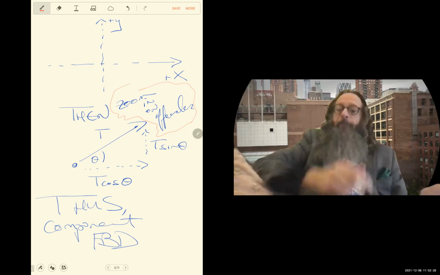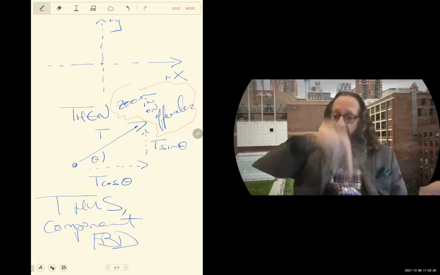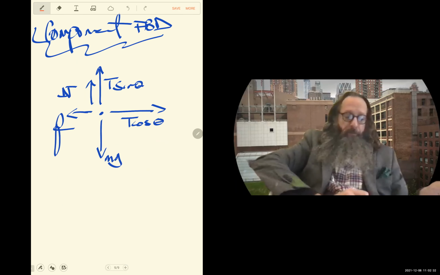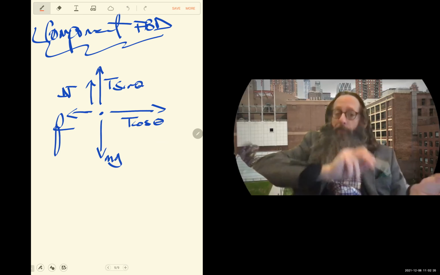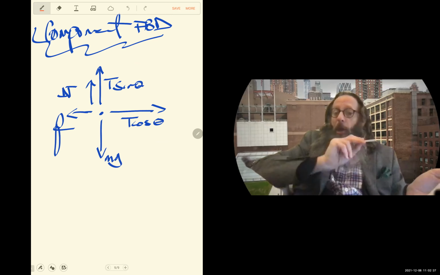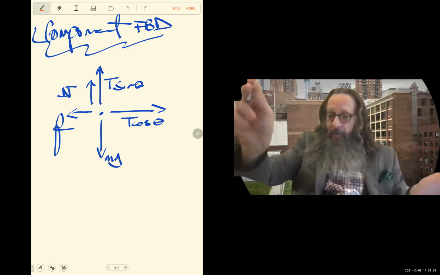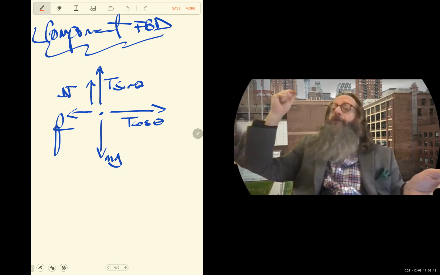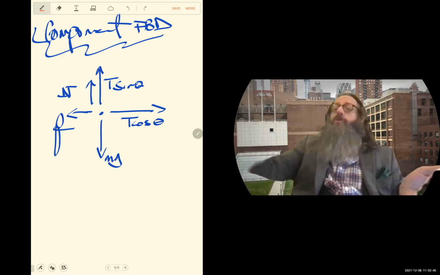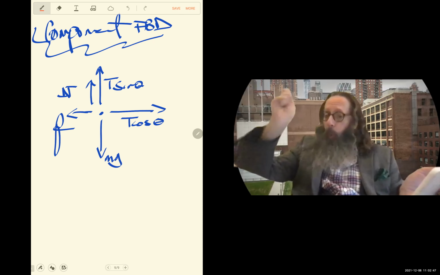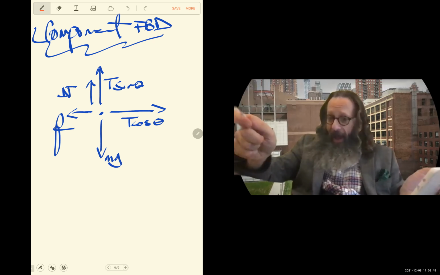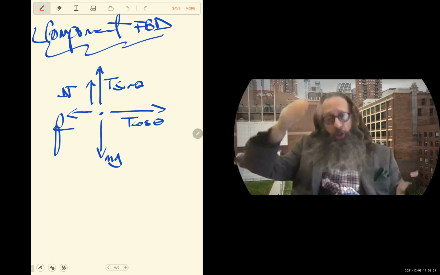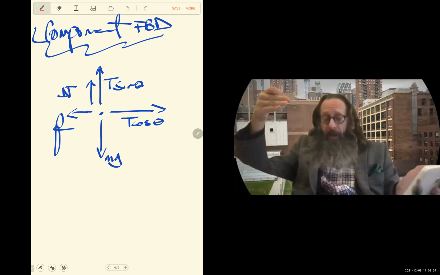All right, so we put those components into the FBD. This is where we left off Monday. And what we now have is a component free body diagram. Notice we went from a system schema that had 4 lines in it to a free body diagram that had 4 arrows in it. Then we chose our axes and realized that one of our 4 arrows was off axis. So we split it into 2 components because we're operating in 2 dimensions here.